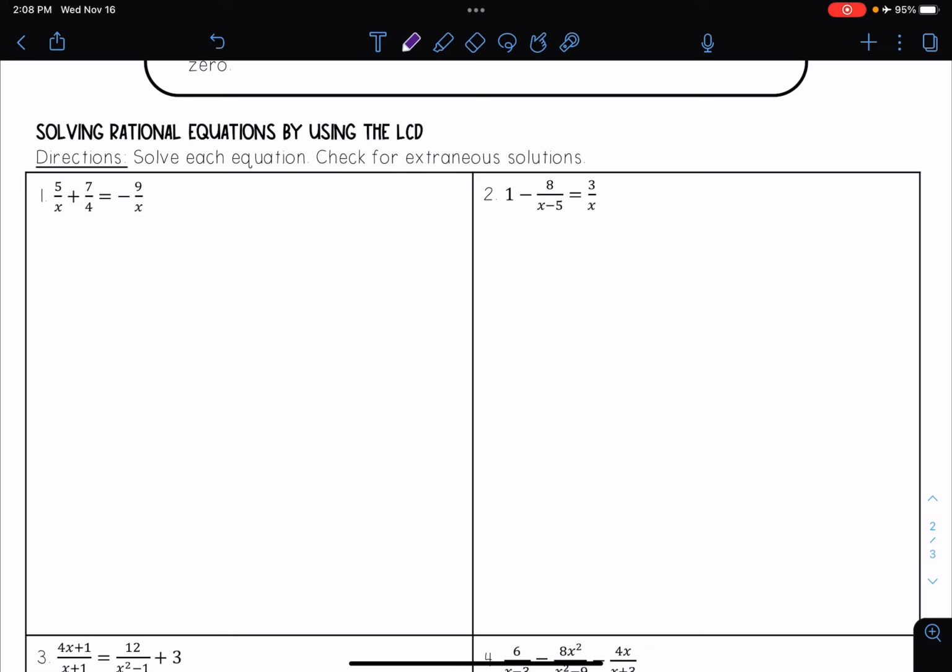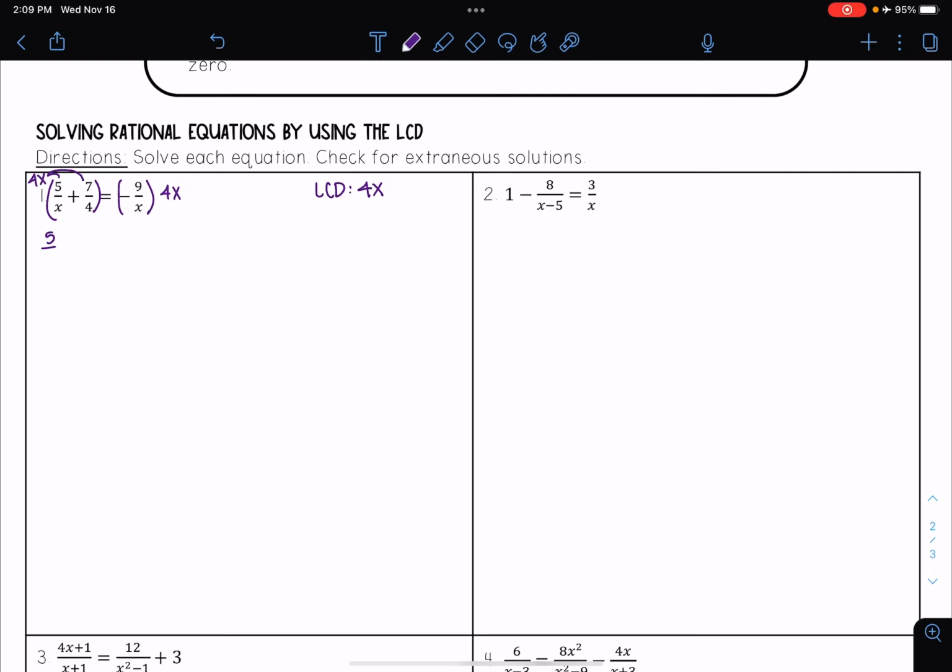Here my denominators are x and 4, so the least common denominator is going to be 4x. I'm going to multiply the right side by 4x and the left side by 4x. On the left side, when I'm multiplying by 4x, I need to distribute to the 5 over x and to the 7 over 4.